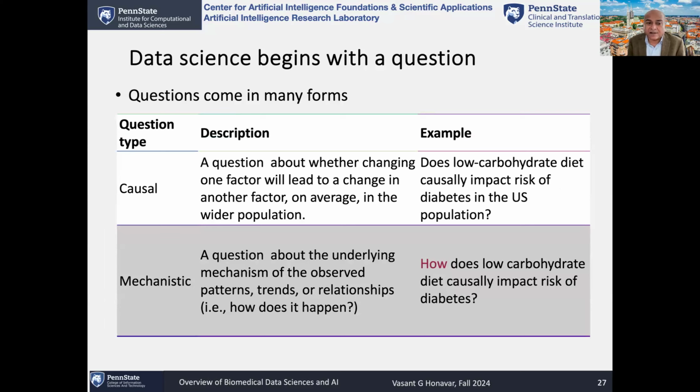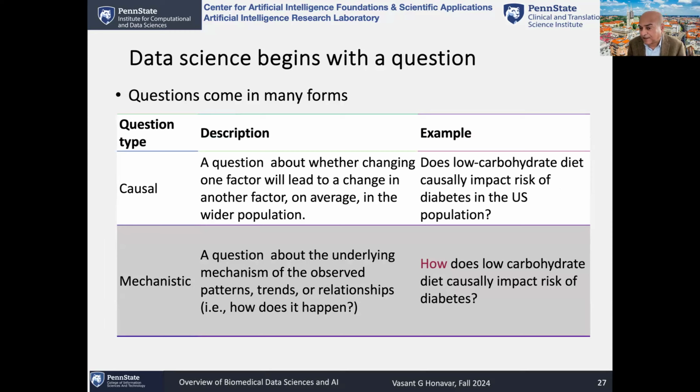And then there are causal types of questions. So if you change some particular variable, so for example, if you switch your diet from a high carbohydrate to a low carbohydrate diet, can you impact the risk of diabetes, right? So this is a causal question, and it can be studied in two different ways.